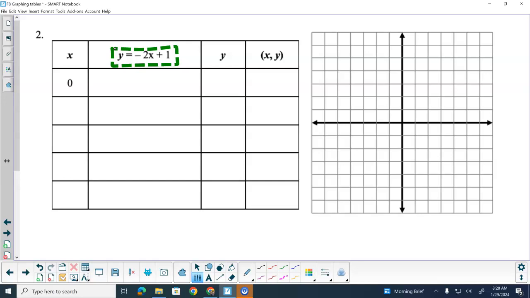So if I plug in 0 here, I have y equals negative 2 times 0 plus 1. Negative 2 times 0 is 0, plus 1 is 1. So this would give me a y value of 1, which would be associated with the point 0, comma 1, which would be right there.